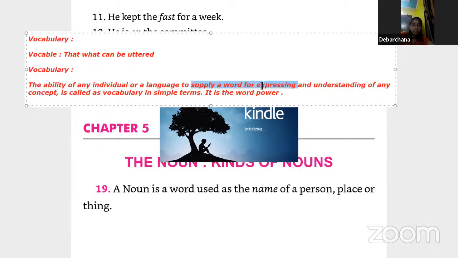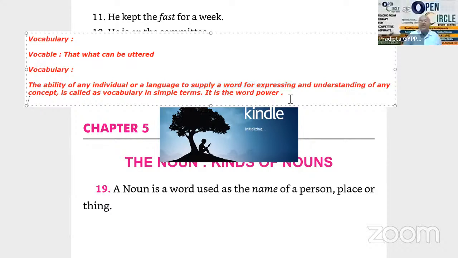Yes, sir. In the same manner, every language may not be able to supply a word for a concept. For example, there would be many English words for which Hindi or Odia is not possible. Let's try. So, Pratyush, you understand the English word monitor, as in LCD monitor?